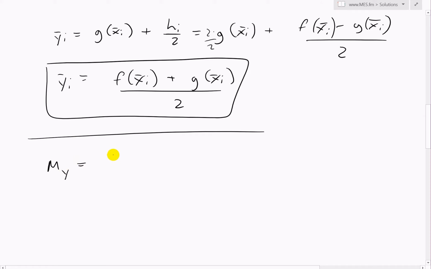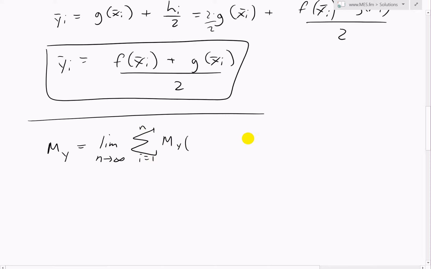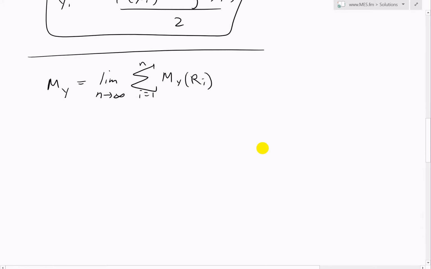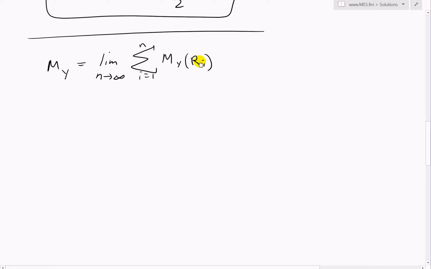To get to this one, it's going to be the limit as n approaches infinity, because we have infinite sub-rectangles, of the sum from i equals 1 up to n of M_y of R_i. So we have an infinite number of regions. So what we're doing is taking the limit as we sum up to an infinite number of regions of the moments. And now this R_i is basically exactly what we did in our last video.